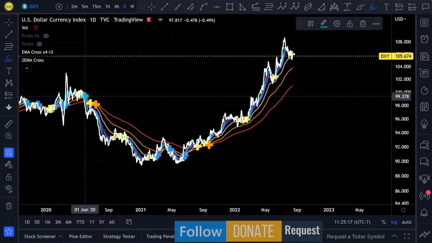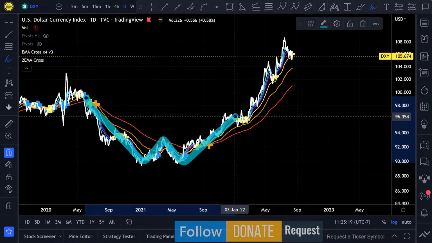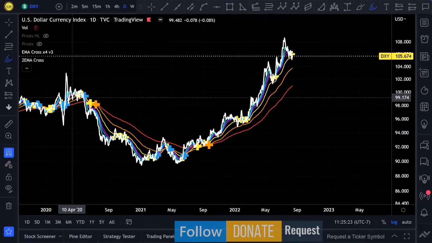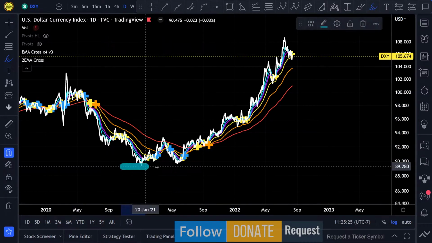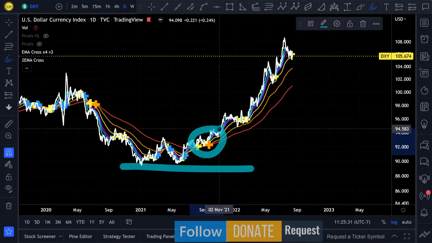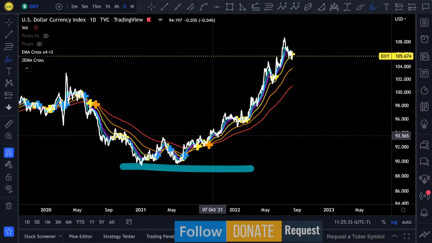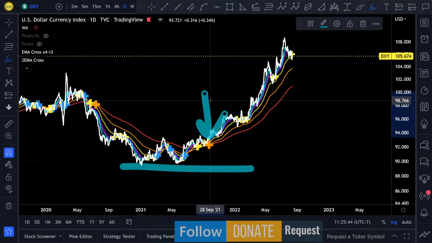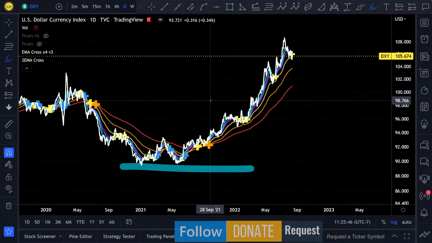Just a good lesson for even myself, to keep a closer eye on the DXY, because once the DXY double bottom, that's basically November, September. Right when we got the EMA golden up cross, that's basically when the stock market started to crash right here. So there's a definite inverse correlation with the DXY and the S&P 500. And even with Bitcoin, there's some kind of inverse relationship, or there's a relationship at least.